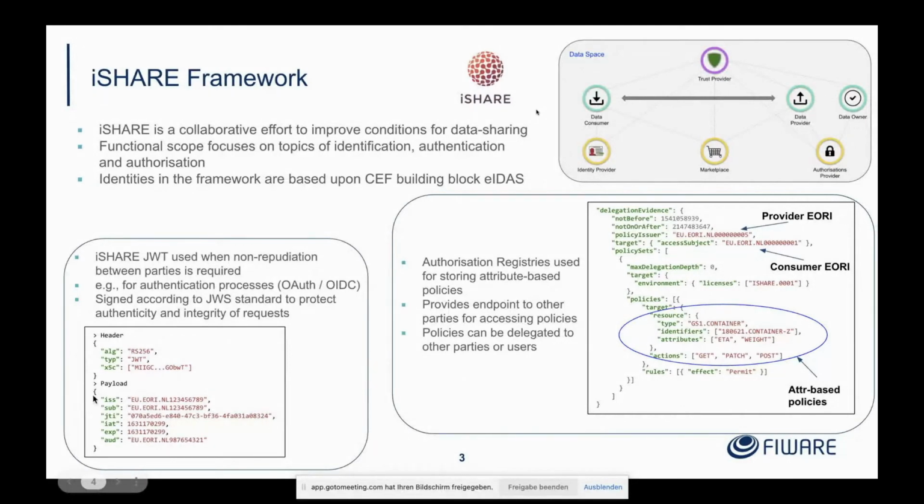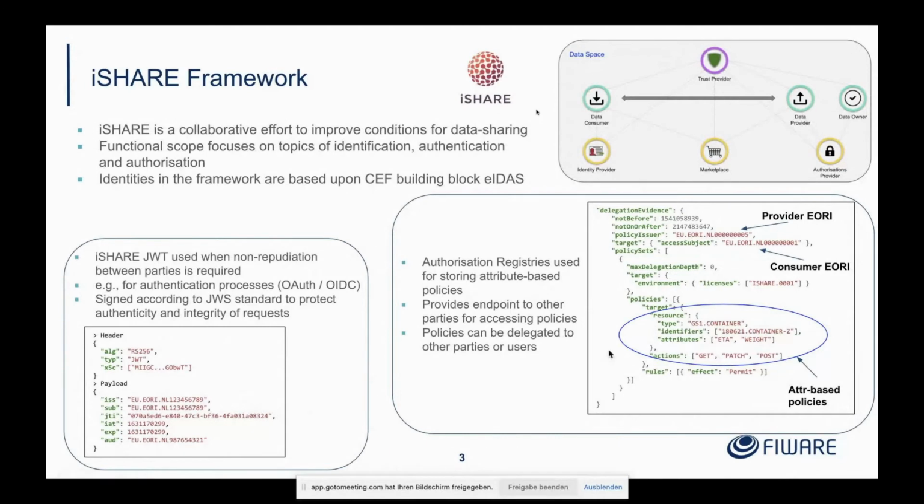Here is an example of how such a JSON Web Token could look, especially where you have the EORI IDs of your organization, when you sign your JSON Web Tokens using your private key, which you get issued within this trusted data space.